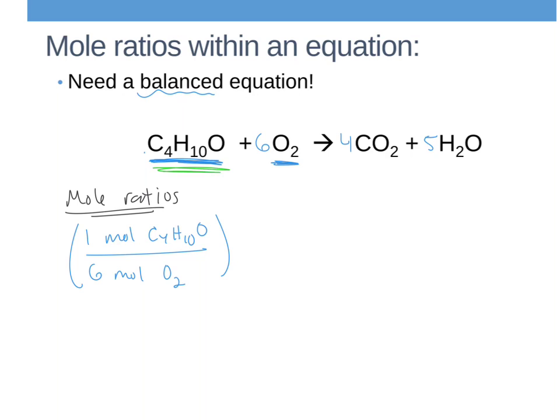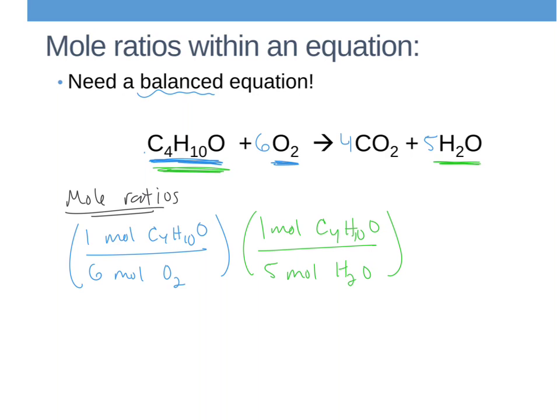Or I could ask, for however many C4H10O I have, how many waters do I make? Maybe that's the question I'm after: how much water is produced from this reaction, depending on how many moles of C4H10O. For every 1 mole of C4H10O I have, I produce 5 moles of water. I produce 5 times as much water in terms of moles as I do of that reactant.